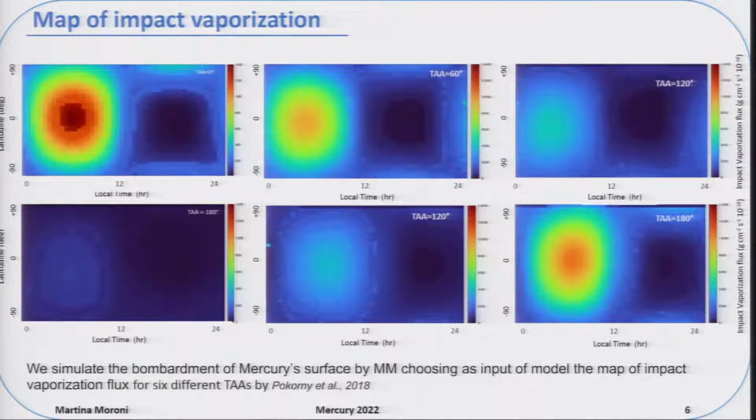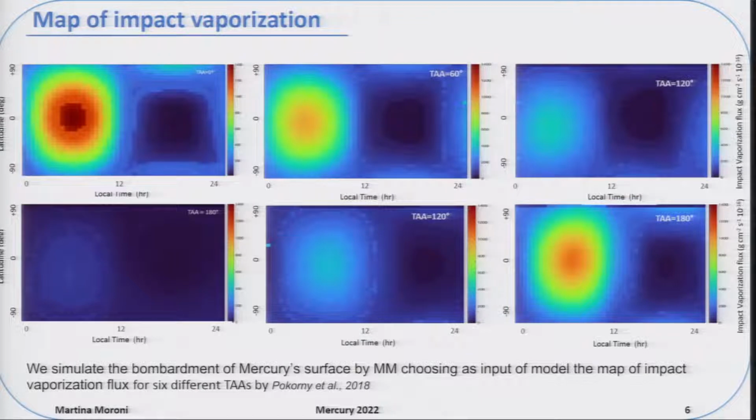So I listed the parameters that we use for the model, and as input of the model we chose a surface composition map. We reconstructed this map considering the map you saw before by Pokorny, which represents the impact vaporization flux.